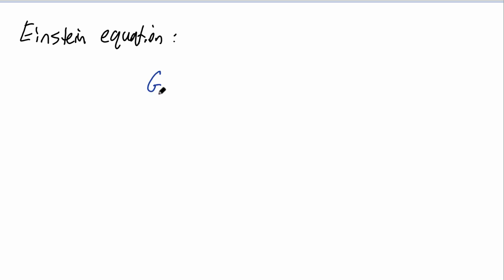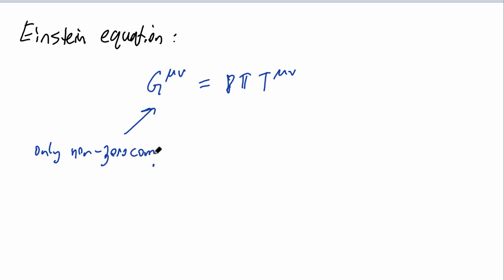That's G mu nu, the Einstein tensor, equals 8 pi times T mu nu. Now, when we compute the Einstein tensor for the metric that I gave, we find that the only non-zero components are when mu and nu are both equal to eta.